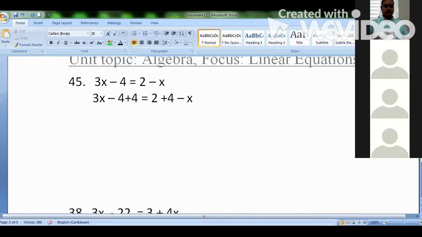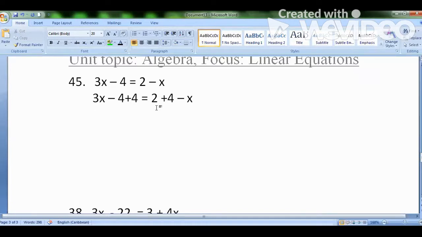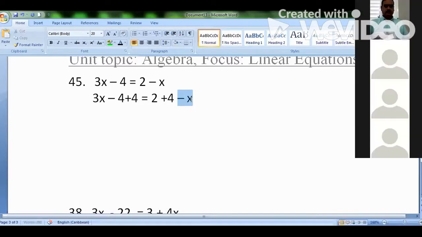What next? And then I bring over there. Bring over? No, I never taught you about bring over. You're talking about bringing over the negative x, that's true? Right. But I didn't teach you that way. In other words, how would you get rid of a negative x? I am going to add x. You have to add an x.